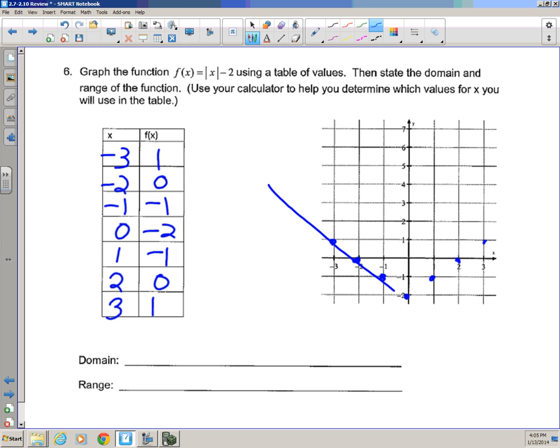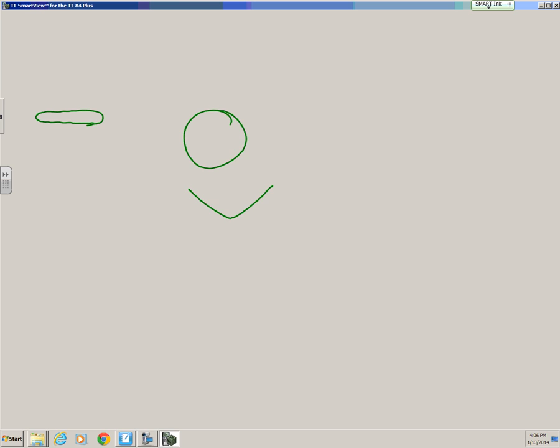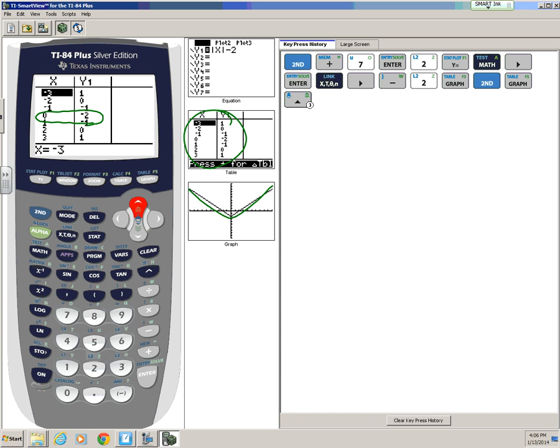What we saw on the graph was a shape that looked like this. And it really does go on forever, because I could have kept scrolling up or kept scrolling down. So the domain ends up being that, yes, I chose these specific x values, but if I go back to my table of values, I can have the domain being any value I want. I can keep going in the negatives. I can keep going in the positives.